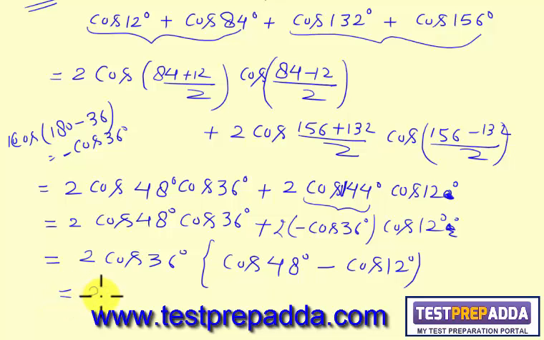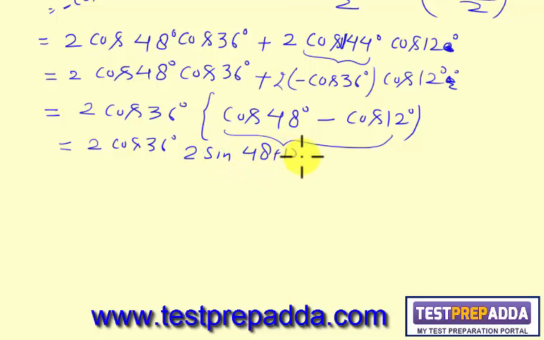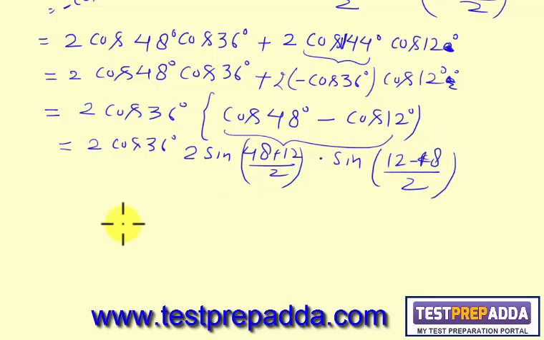Now again, here it is 2 cos 36 degree. Again you have to use cos C minus cos D. What is cos C minus cos D? 2 sine (C plus D by 2) into sine (D minus C by 2). So here I'll write 2 sine (48 plus 12 by 2) into sine (12 minus 48 by 2).